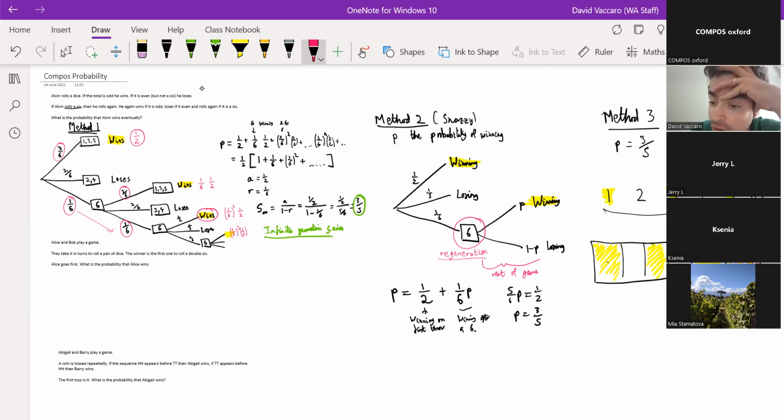Overall, what fraction of this shape is shaded? Well, in each of the 5 rolls that are counted, he wins in 3 out of 5 of them.